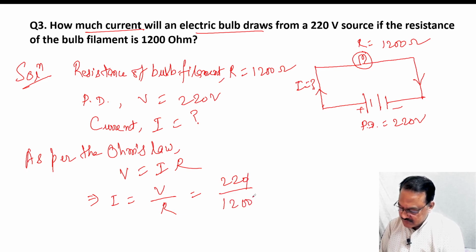Then just simplify it. 11 is, this is to be 60, means 11 by 60.